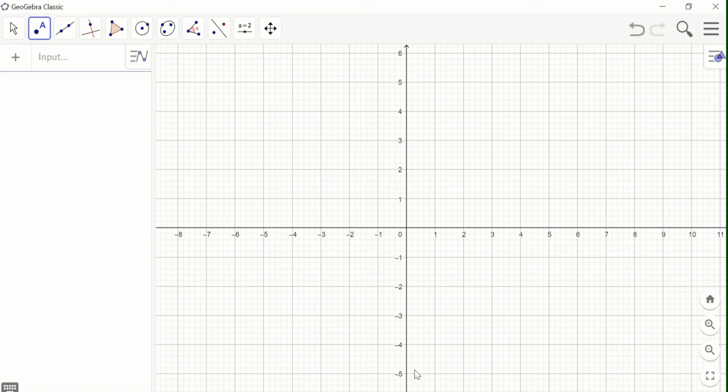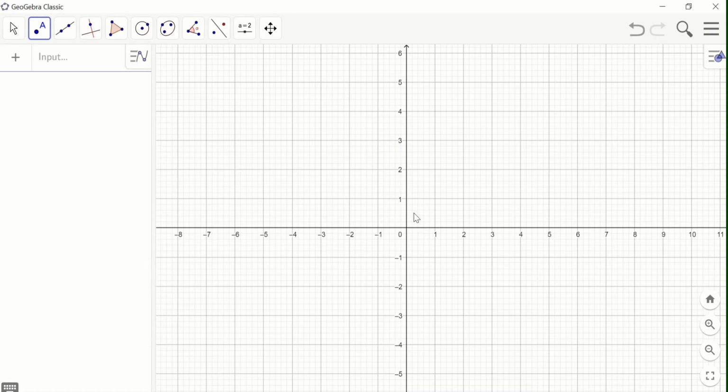Now, the next one is our vertical line. Like the horizontal line, this is a double-sided arrow. This means the vertical line is a continuous line, going further up and further down.